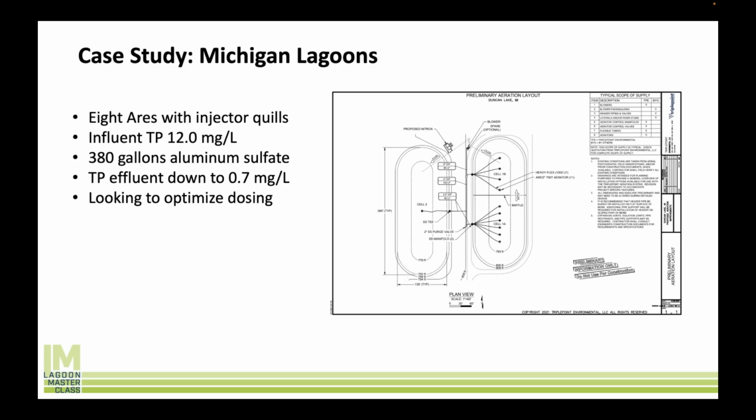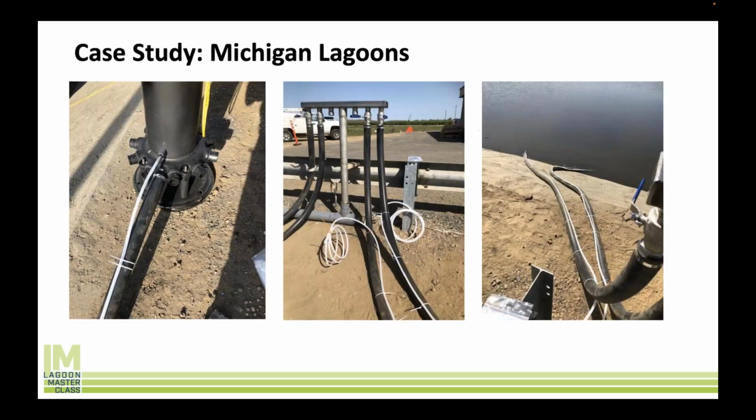We have 8 Aries unit injector quills on this particular site. This shows the picture of the Aries with the injector quill in it. These chemical feed lines come up here to the pump, and the pump pumps it down, connected to the air line, going right down to the bottom of the unit.